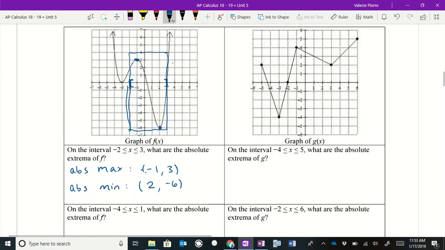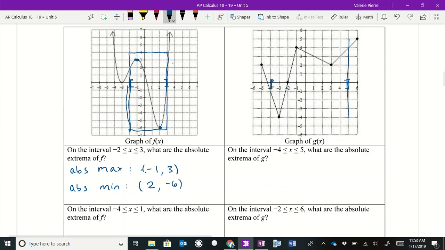Okay, so for g of x, we're looking at the interval from -4 to 5. And we're looking for the extrema on this interval.